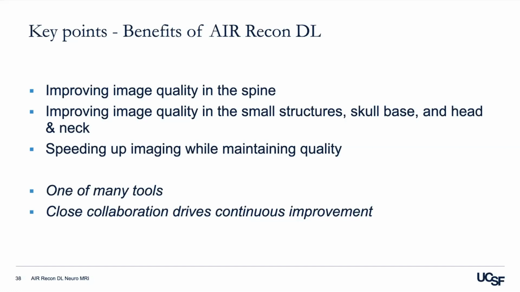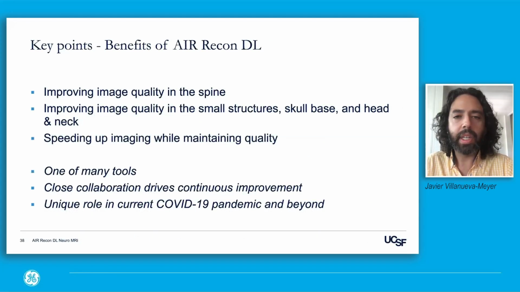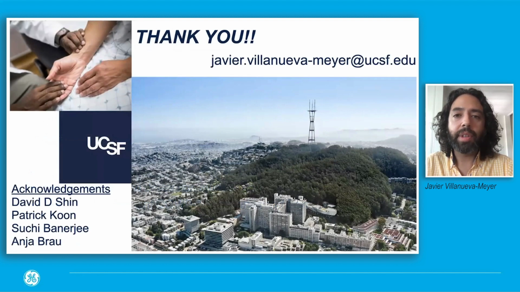And I want to highlight again that close collaboration really does drive continuous improvement of these tools, and therefore, again, better for all. And I think we can emphasize again the unique role of a tool like this in the current pandemic setting and beyond.